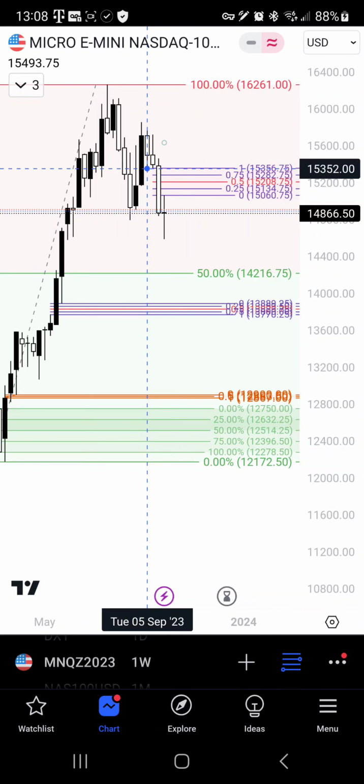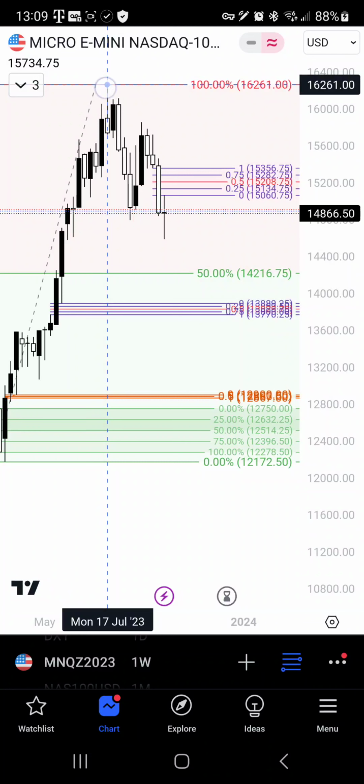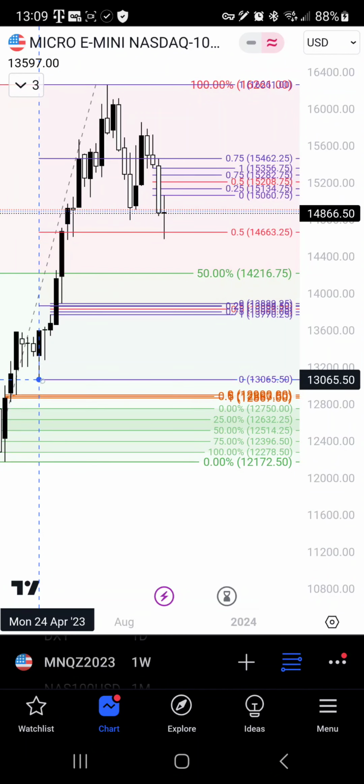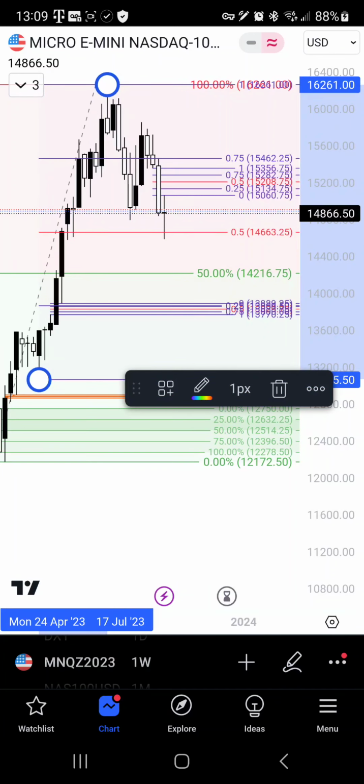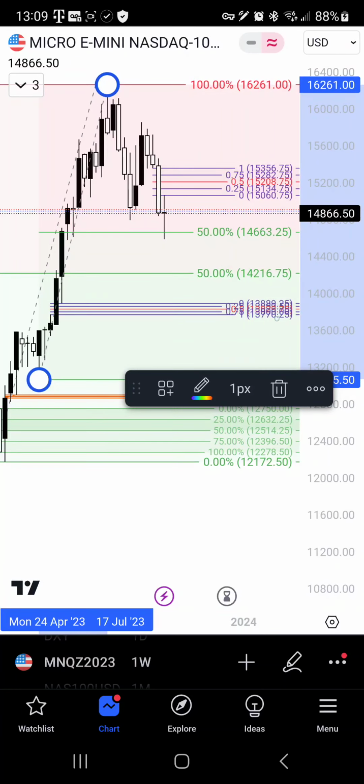What I want to do first though is check out my dealing range for the weekly. So we have price currently in between this swing high and this swing low. Change this to discount.